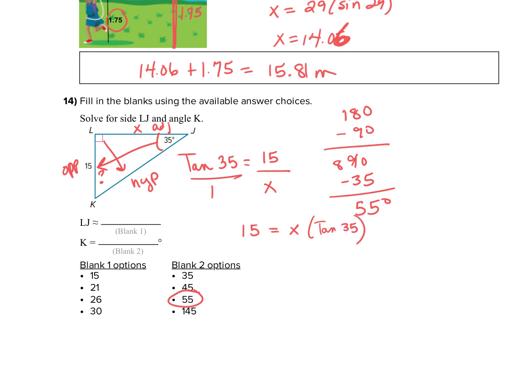So to solve for x, I divide both sides by the tangent of 35. In your calculator, do 15 divided by tan 35, and we get 21.42. Of course, they rounded, so we're good there.